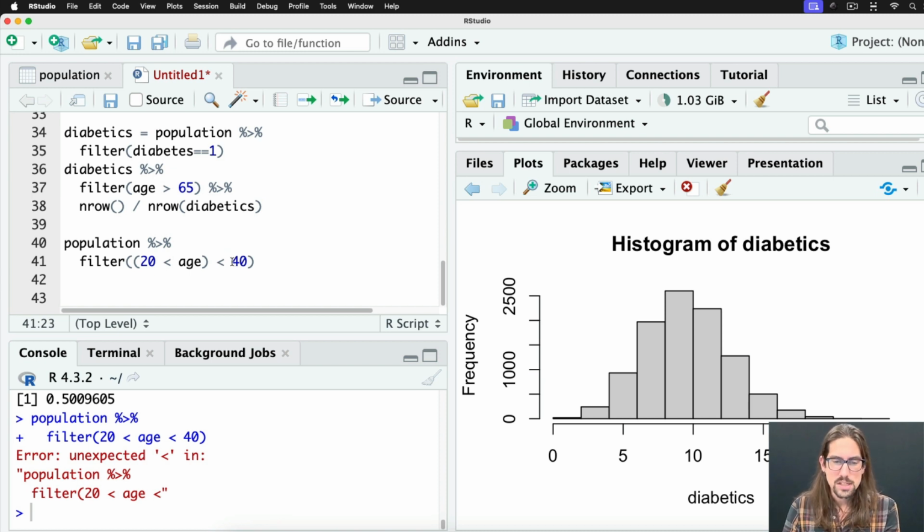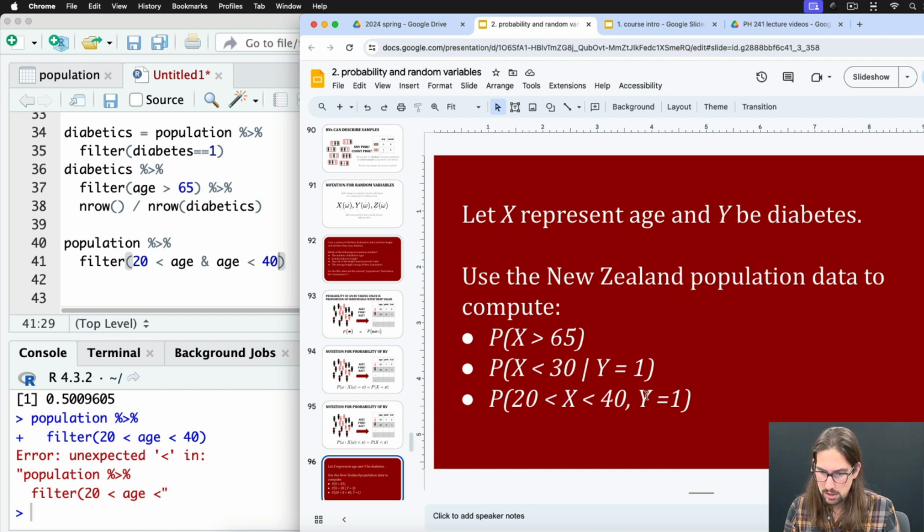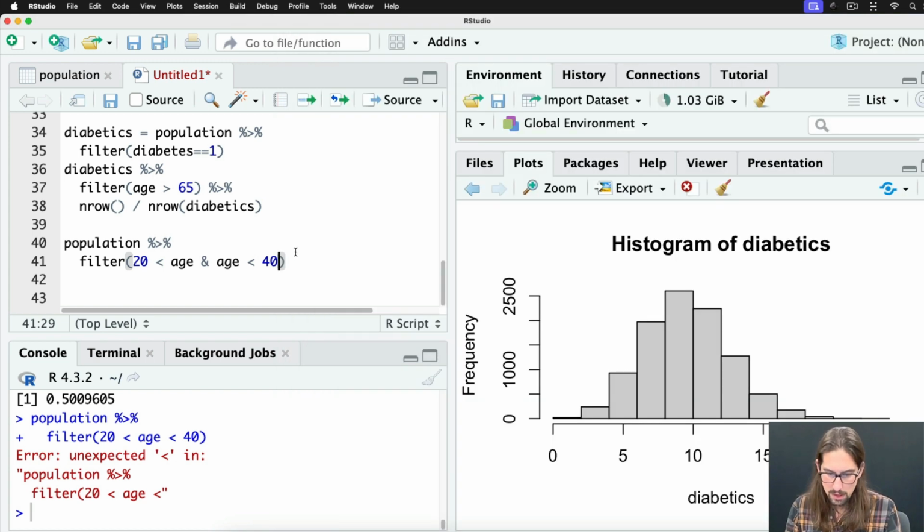And in fact, R then says, I don't think that's what you want, and says this is in fact a syntax error. So that's why this syntax doesn't work. What you actually need to do is say age is greater than 20, and at the same time, age has to be less than 40. So that's how you write this. And then there's one more condition that we also need to check, which is that they are diabetic.